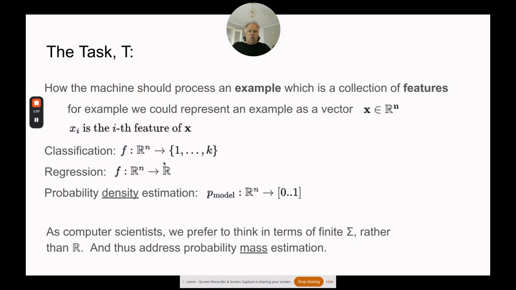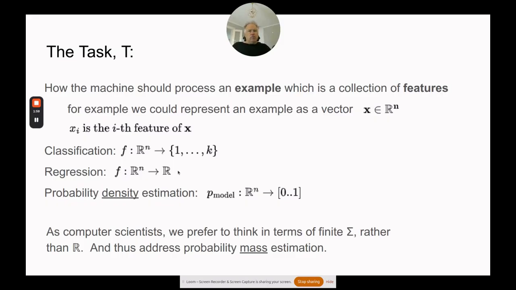Some of the tasks we would have are related to, for instance, classification. We might have a task where we're looking at a whole set of features, and we're deciding which class that example belongs in. Image recognition would be a simple example of this.